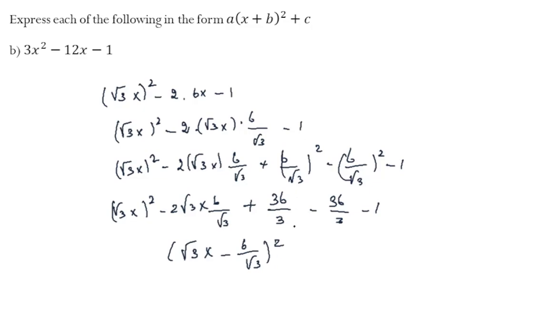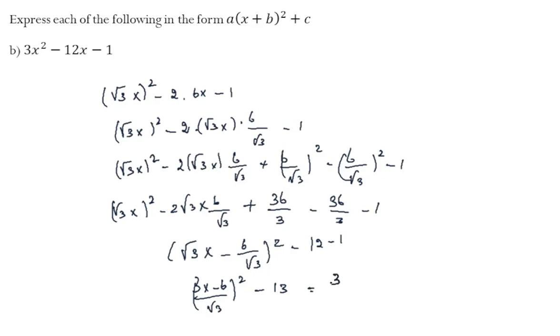Then 36 by 3 gives 12, minus 1. Then we can take the common denominator root 3 for both, giving (3x minus 6) divided by root 3, the whole square, minus 13.